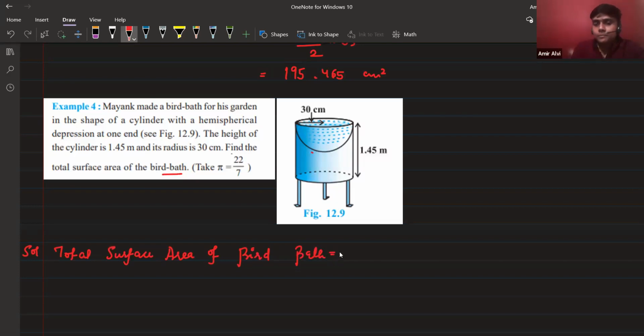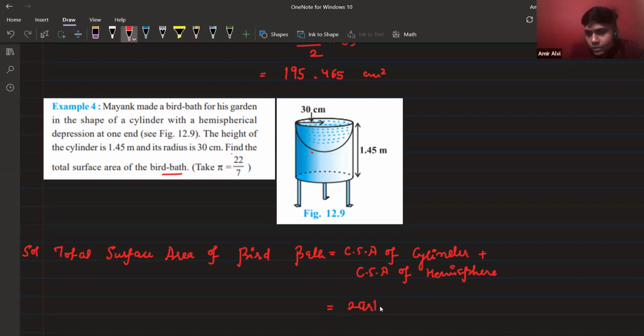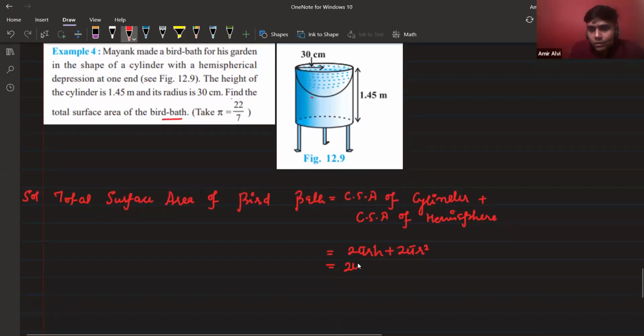Azmat, are you there? Hemisphere. Okay. 2 pi RH plus 2 pi R square. Take the common 2 pi R, so R plus H will be there.